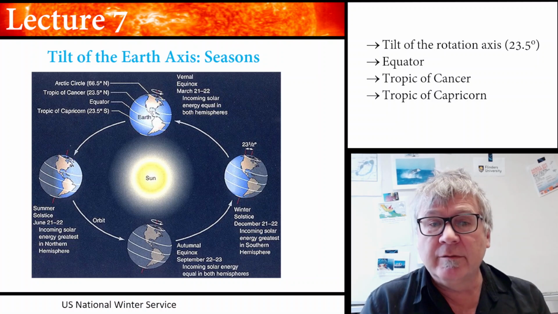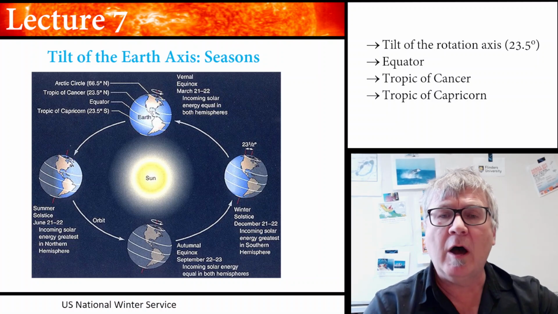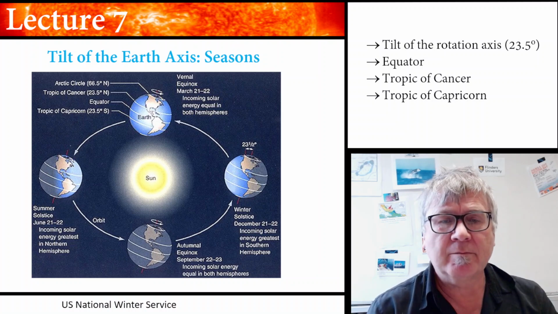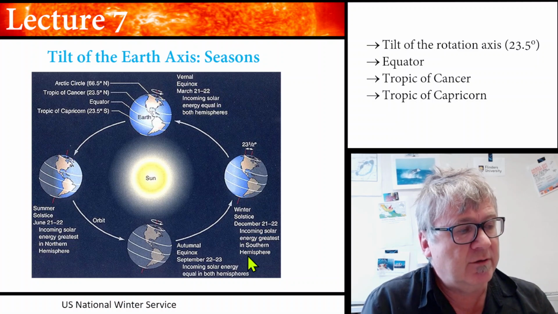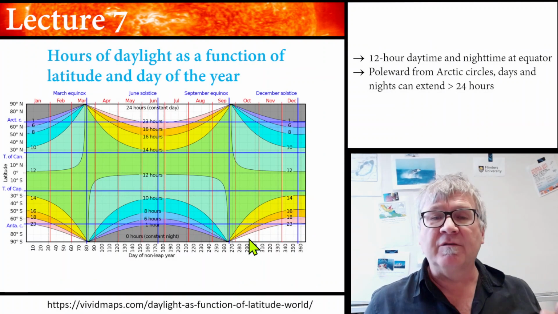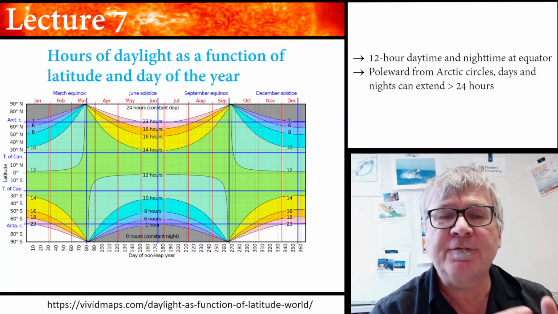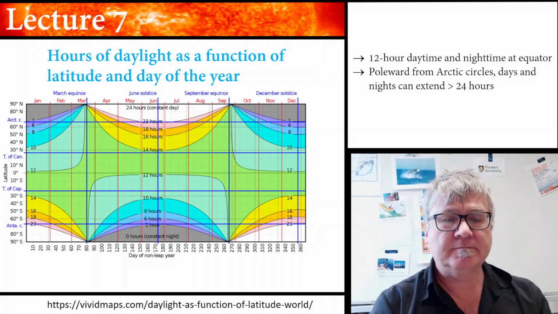All right. So now, based on this, you can actually draw up a map. And the first map that we create, shown here on the next slide, is the hours of daylight as a function of latitude and day of the year.